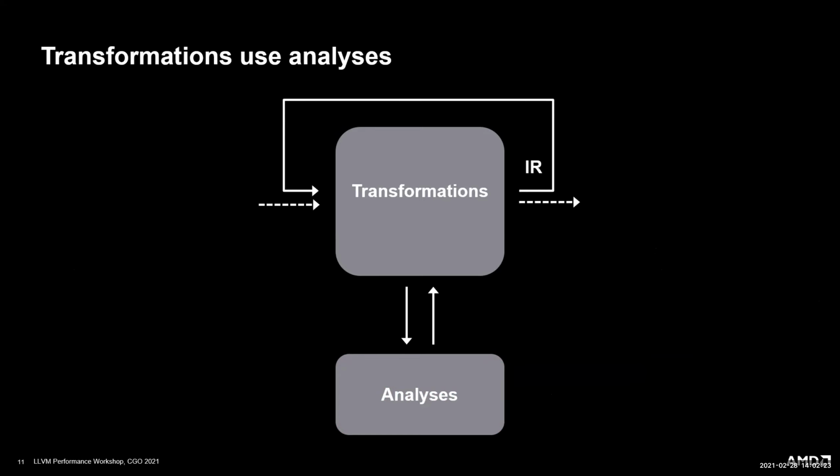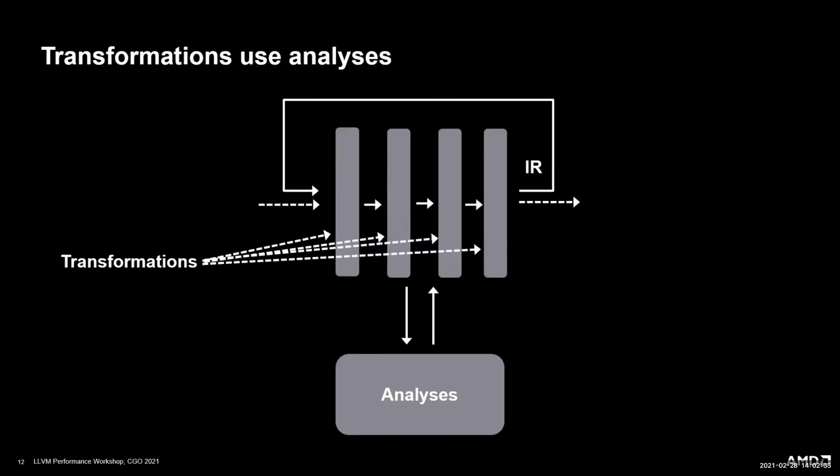So we don't have a big transformation. Transformations use analysis, but what we have is different unit transformations which are arranged serially. This arrangement can have back edges so that we can rerun a transformation.